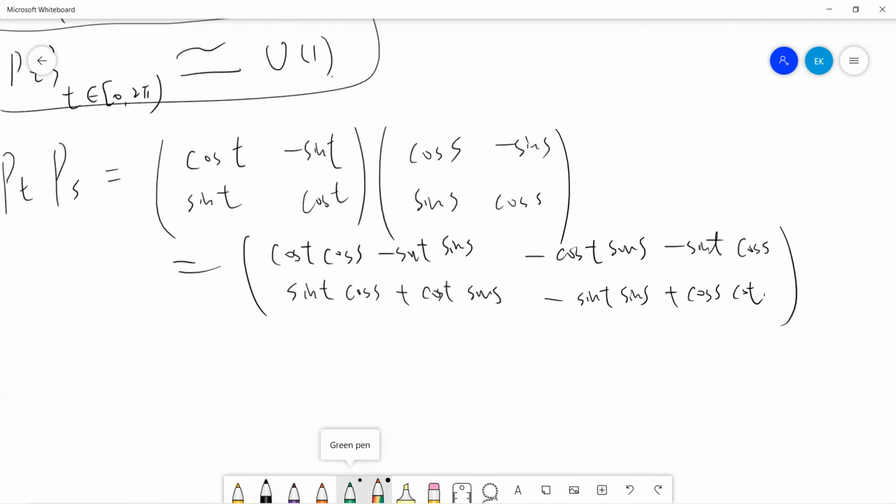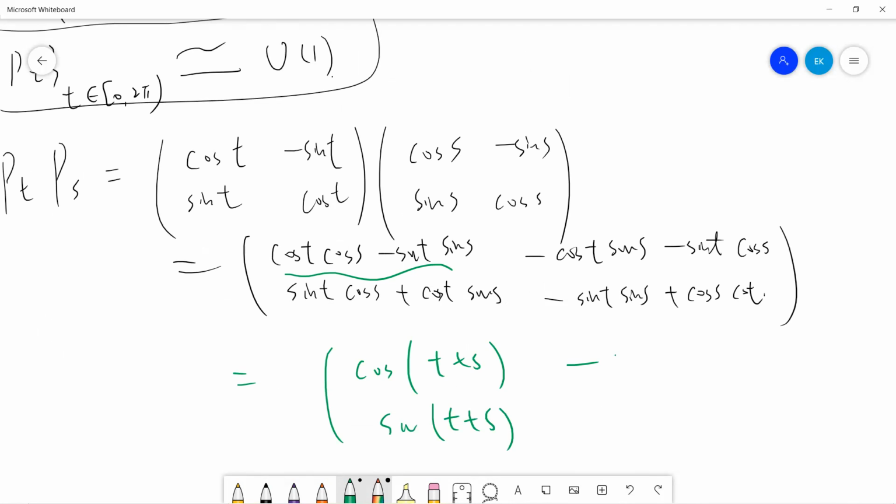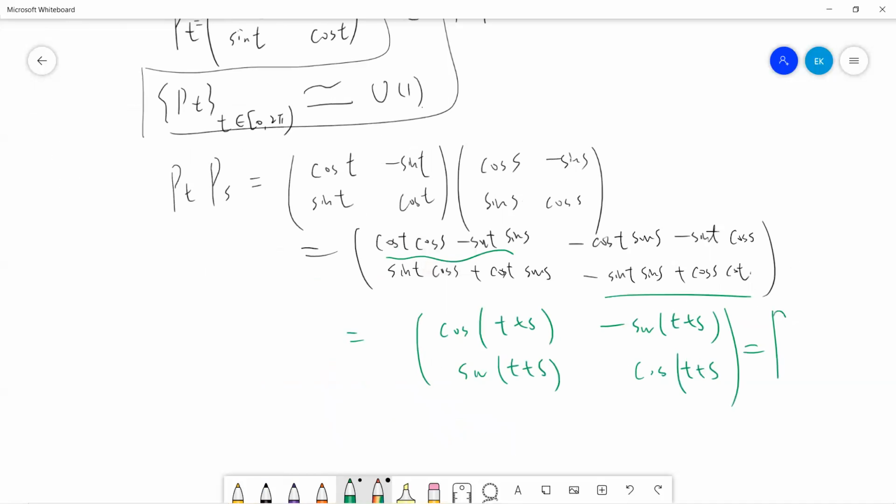Notice that this is cosine of t plus s, sine of t plus s, negative sine of t plus s, cosine of t plus s, just using the standard trigonometric identities. So this proves it is exactly P of t plus s.